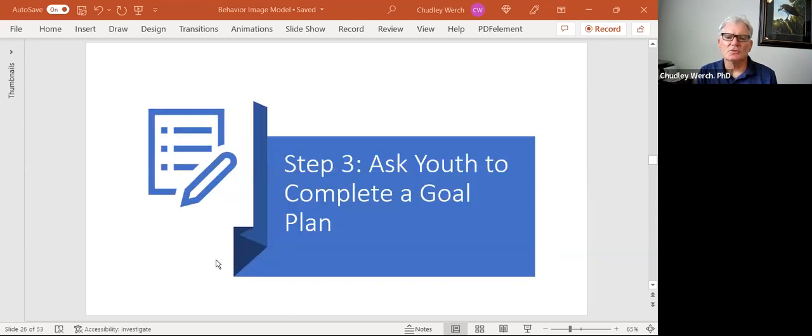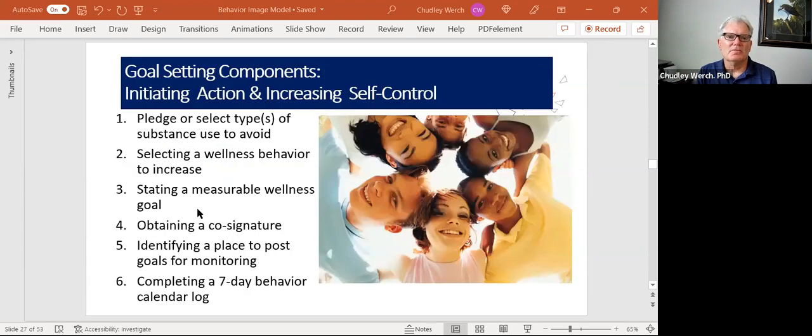And then goal setting is that third part. And prevention plus wellness goals have all of these components to them. It's not just having youth set a goal, but it's having youth pledge or identify substances to avoid, a wellness behavior or behaviors to increase, having a signature and co-signature to increase motivation, and a calendar log to increase chances of monitoring.